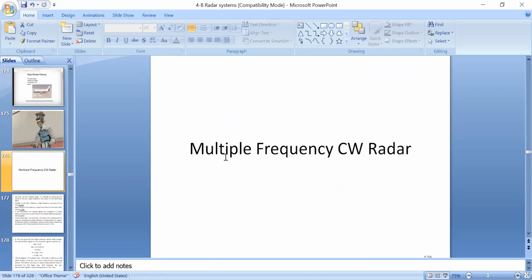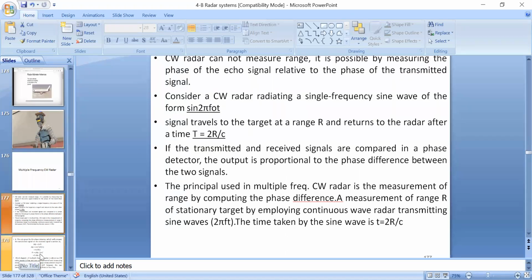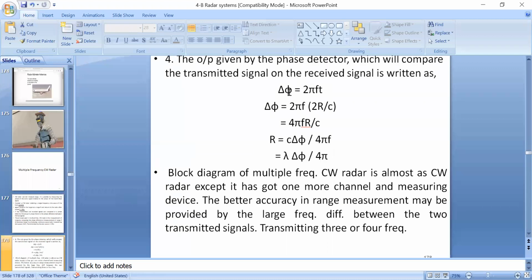By comparing the phases of those echoes, that is, by using the phase deviation, we can calculate the range information of the moving target. By using a small part of the derivation, we can prove that by using a phase difference, we can easily calculate the range information, right?